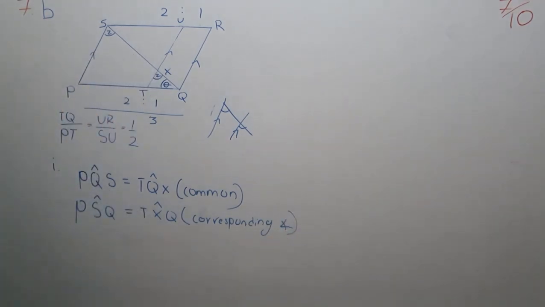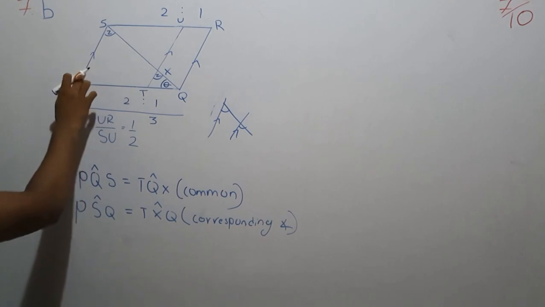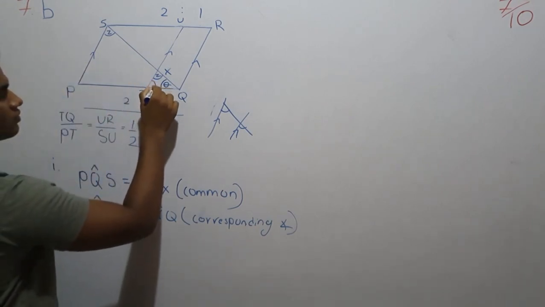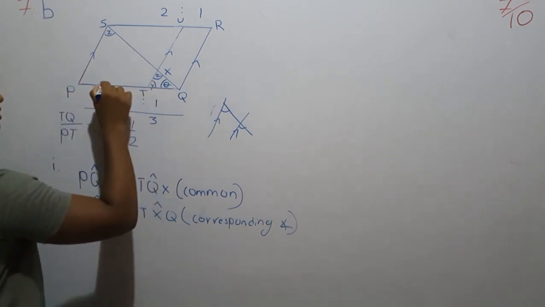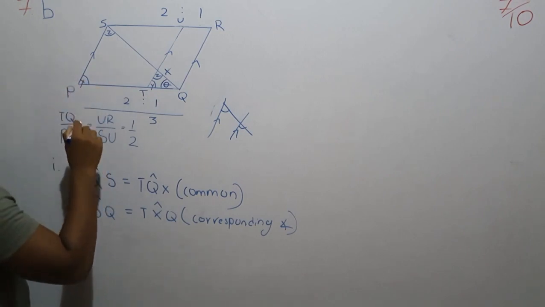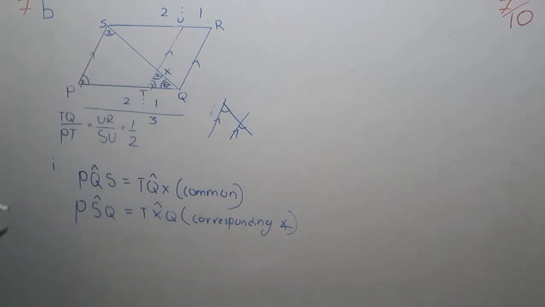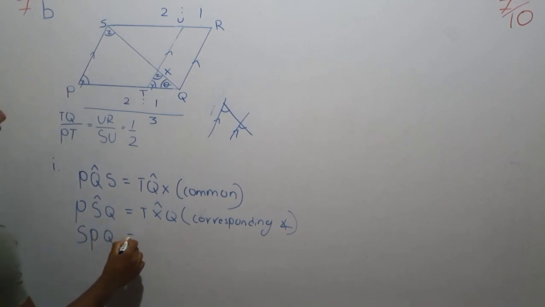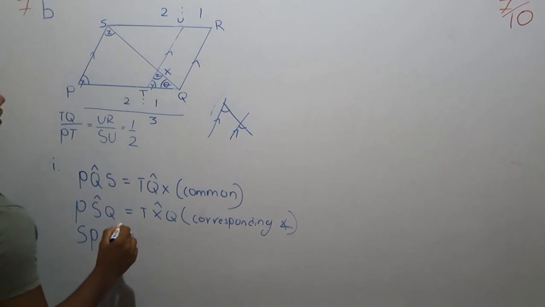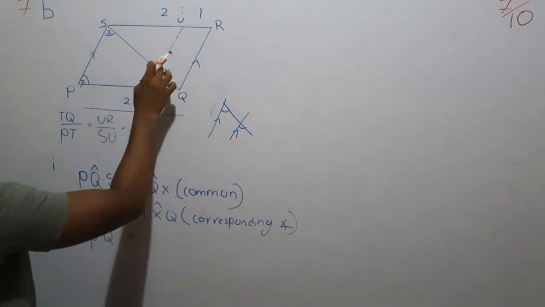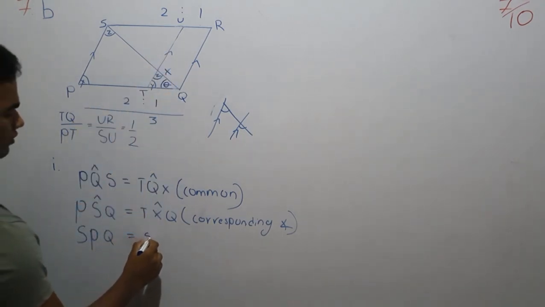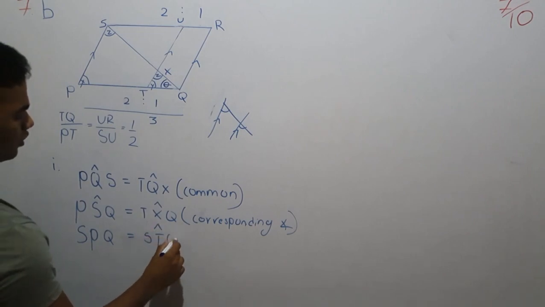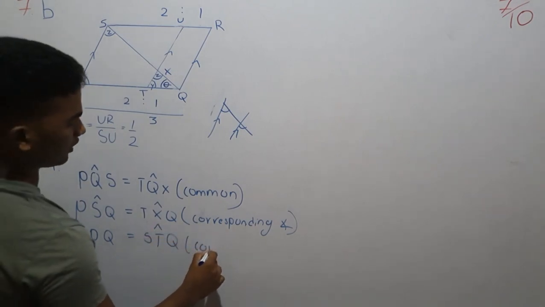Then what is remaining is this angle. Similarly, if this is Y, this is also Y. Y is that corresponding angle because these are parallel lines. So SPQ is equal to XPQ. Corresponding angle.